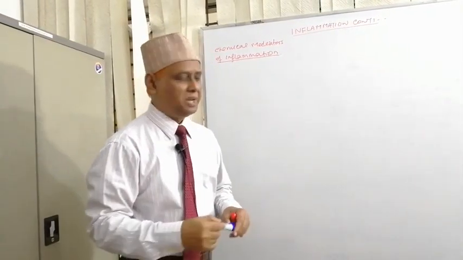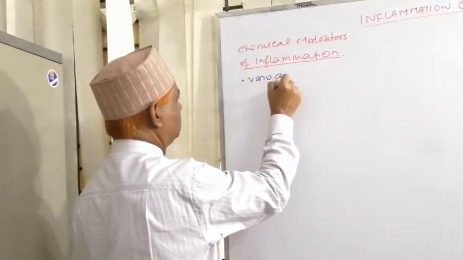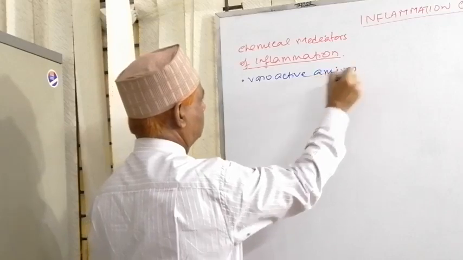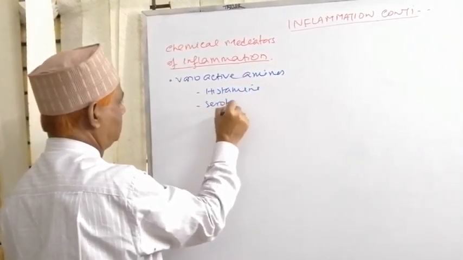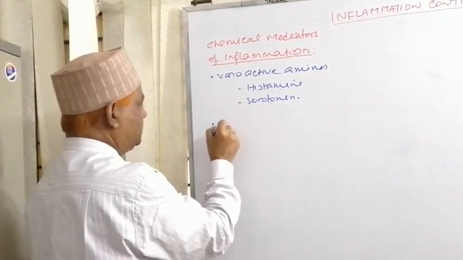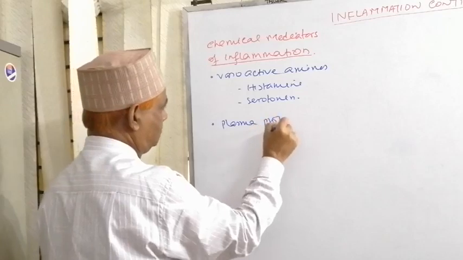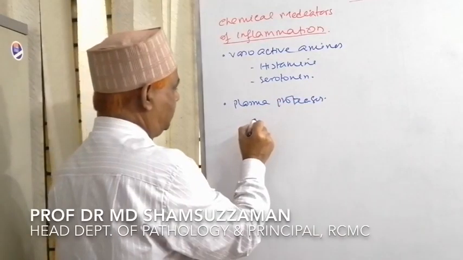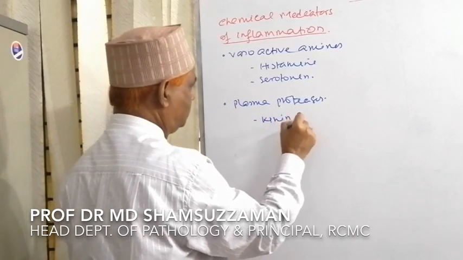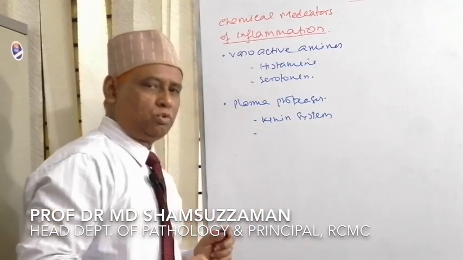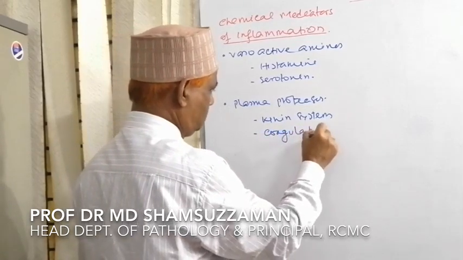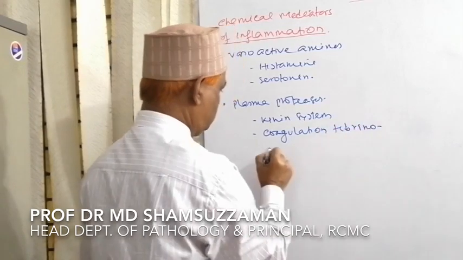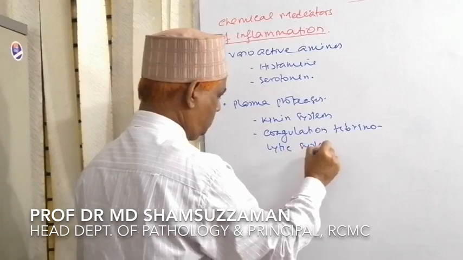First, we have to know what are the different mediators. Vasoactive amines, like histamine, serotonin, plasma proteases, such as Kinin system, coagulation fibrinolytic system, and complement system.